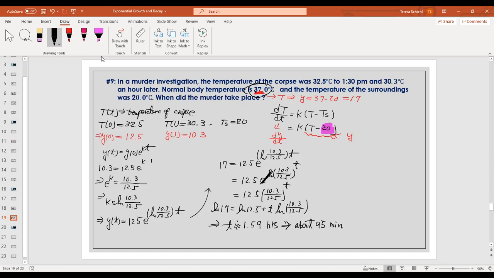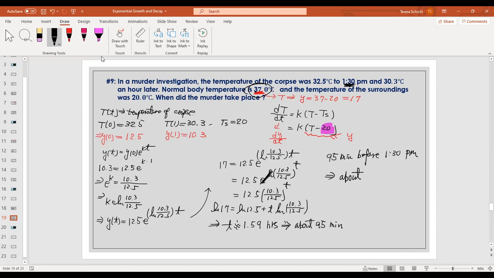So that means when they discovered it is 1:30, right? So we say it's 95 minutes before 1:30 p.m. here. So if you transfer that, when is it?